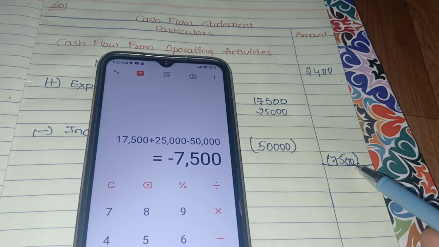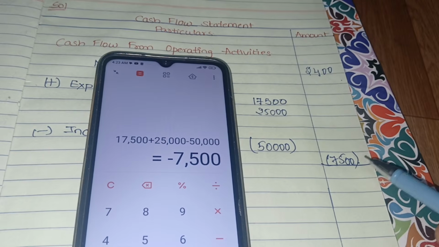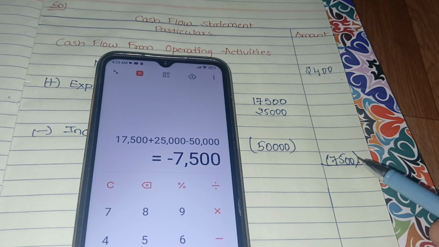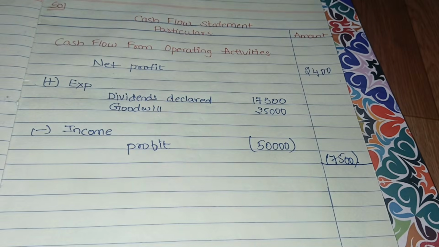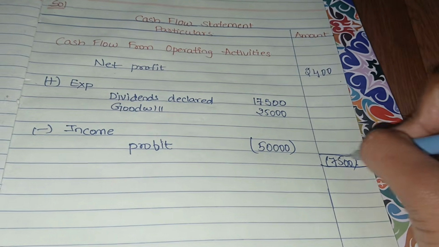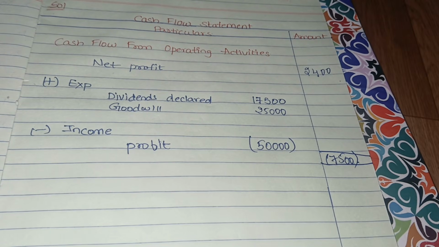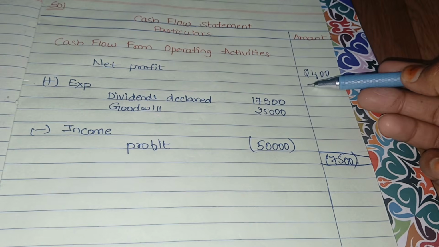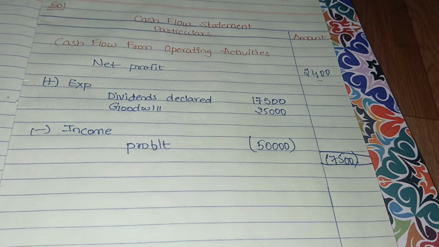Okay, what you need to do? Minus 7,500 you are getting, that I will write in the bracket. According to the proforma, what is this amount called? Operating profit we can call it. Or else you can deduct it directly from the above number. So net profit is 2,400.